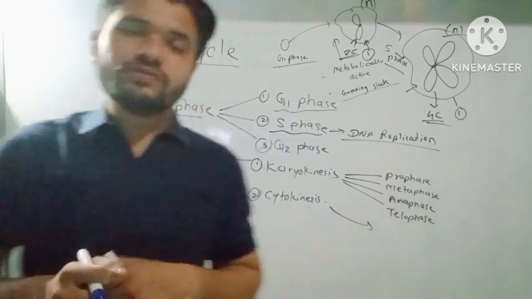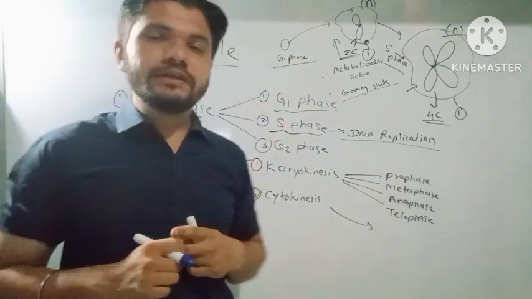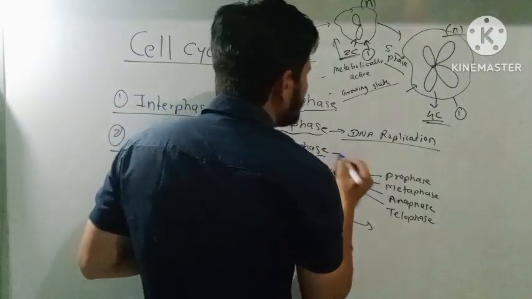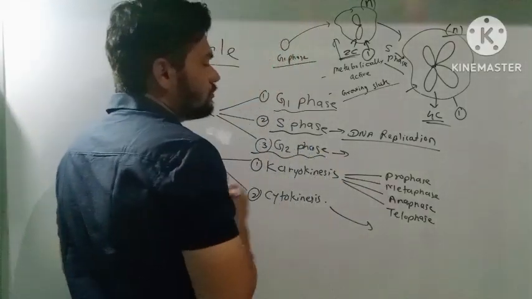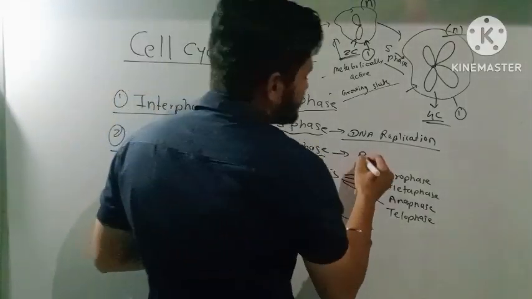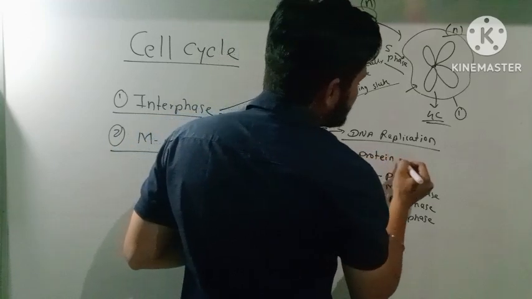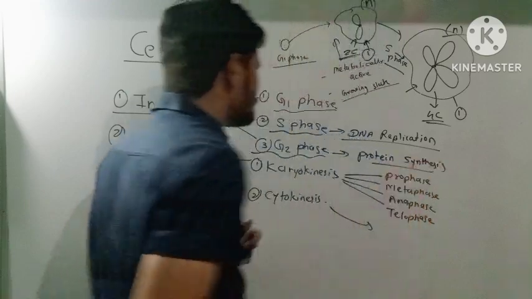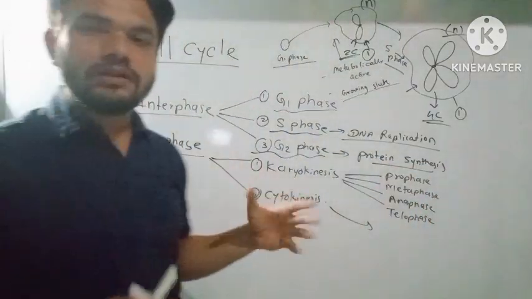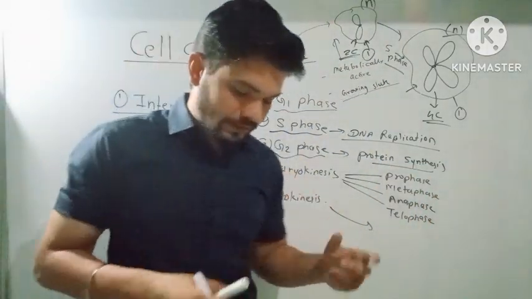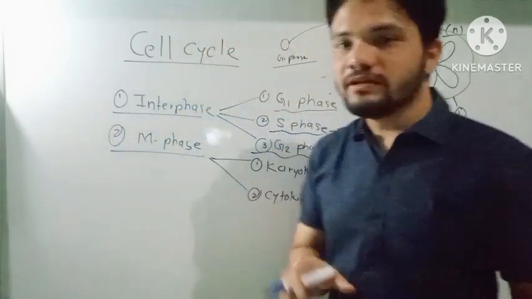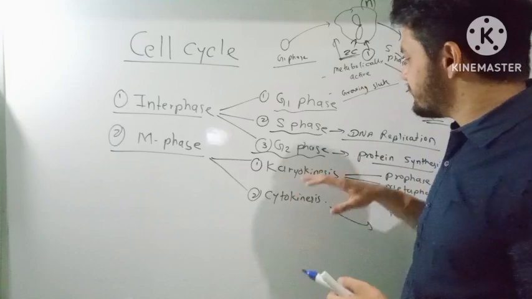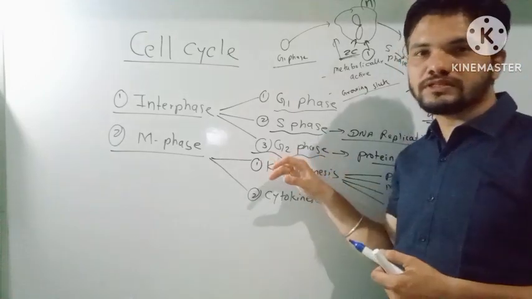So in the S phase, the cell is doing DNA replication, and what will the cell do in the G2 phase? In the G2 phase, the cell will perform protein synthesis. The cell will make the proteins required for the M phase. The cell needs a lot of proteins for cell division, and those proteins will be synthesized in the G2 phase.